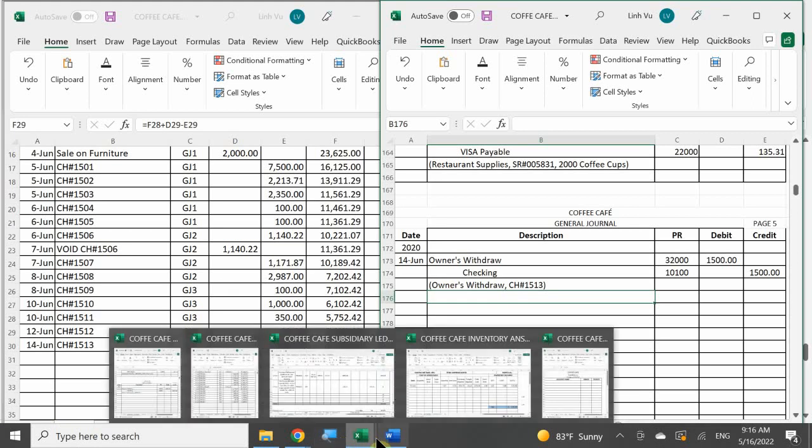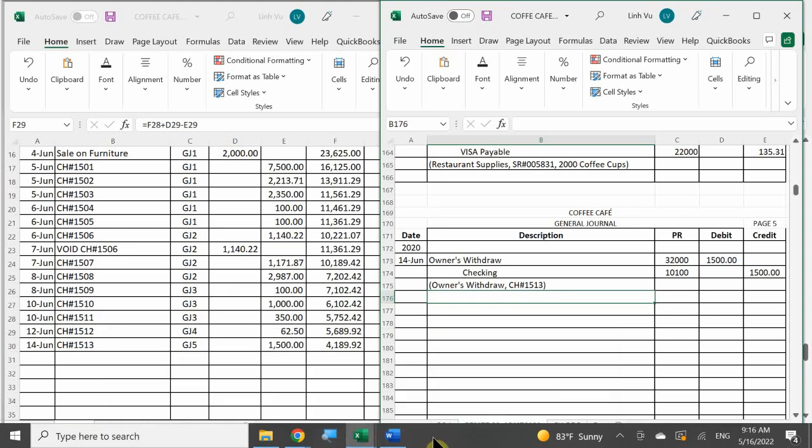Now, a question to you. Do I need to go to the subsidiary ledger? Did I involve anybody for this owner's withdrawal?